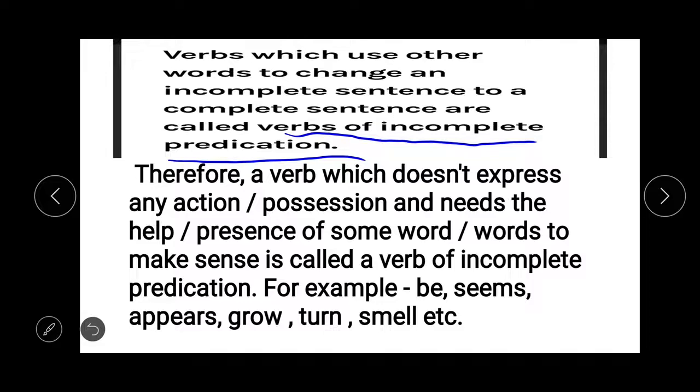I hope you have understood: in a sentence where the sense imparted is incomplete, and you have to put other word or words in to make it complete in sense, it will be a verb of incomplete predication. Some examples of such verbs are be, seems, appears, grow, turn, smell, etc.